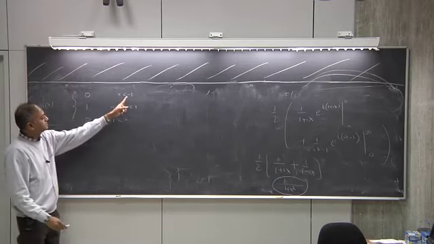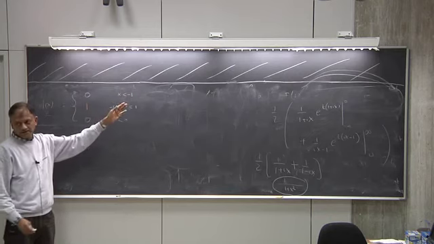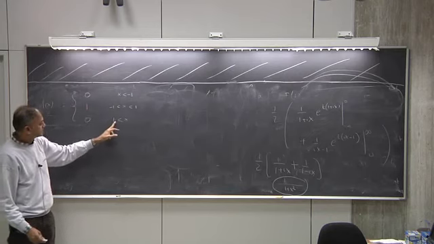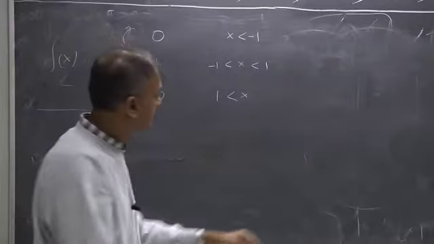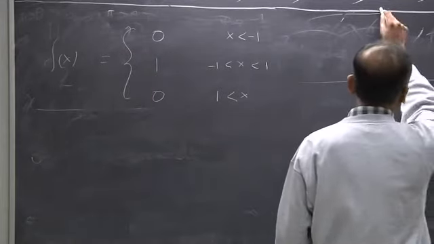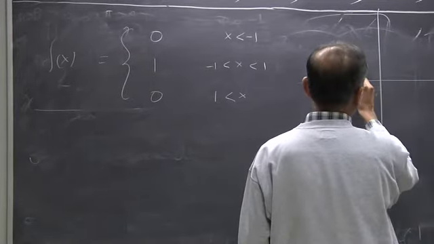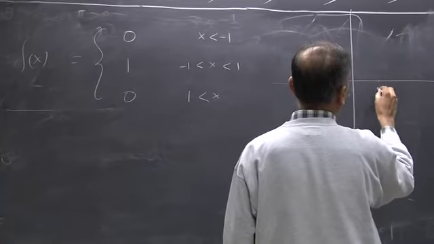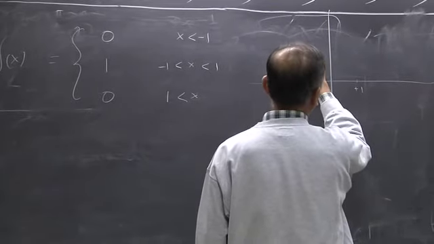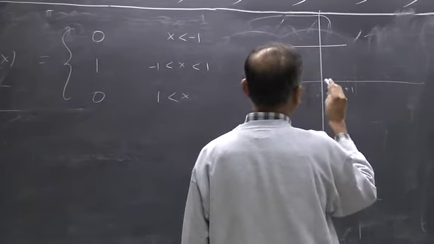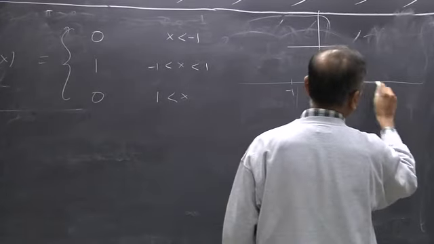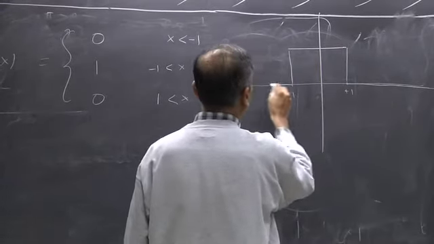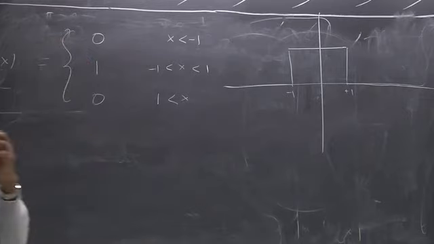This is x less than minus 1 all the way to minus infinity, it's all 0. And this is x greater than 1 all the way to plus infinity. To draw the function, from minus 1 up to plus 1 the value of the function is 1, and after that the function is 0.